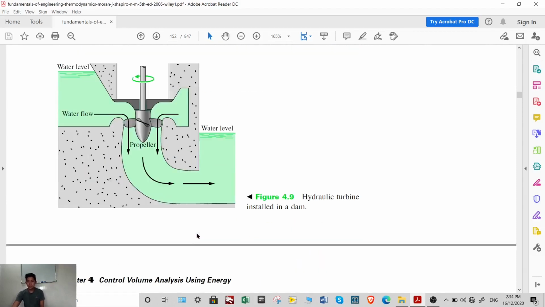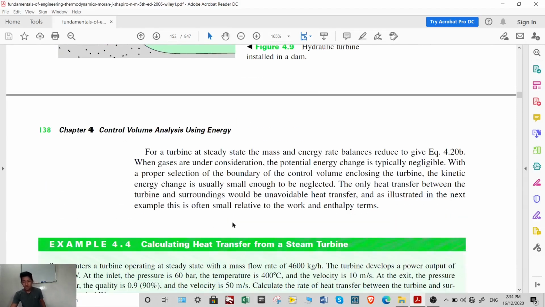In analyzing a turbine at steady state, the mass flow is equal and there is no change in energy. With a proper selection of boundary, the kinetic energy change is usually small enough to be neglected.